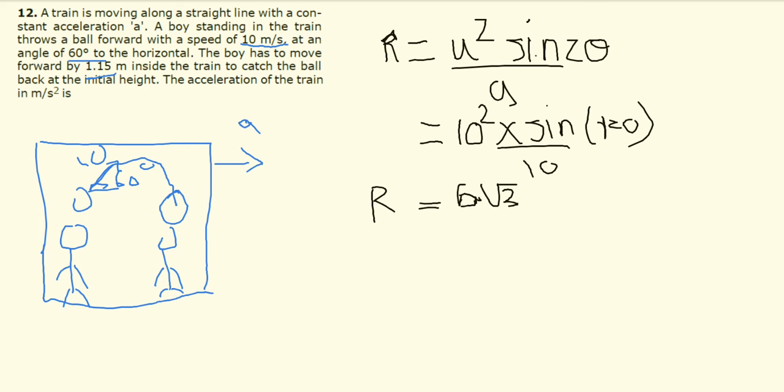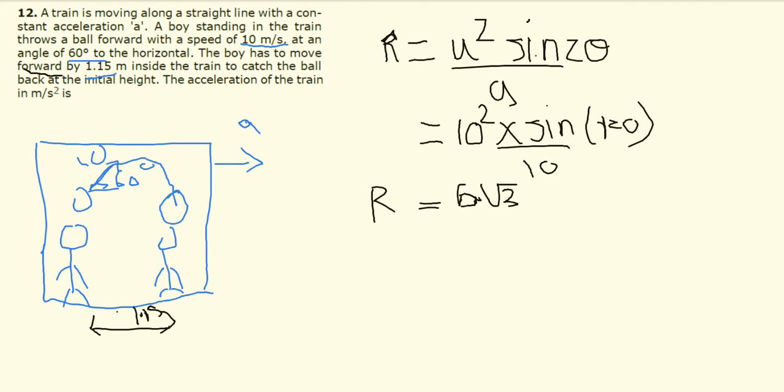Now it is given that the boy is travelling 1.15 meter. It means that the train is travelling a certain distance x. The boy has to travel an additional distance 1.15 meter forward to catch the ball.